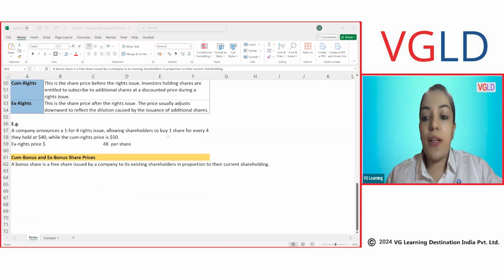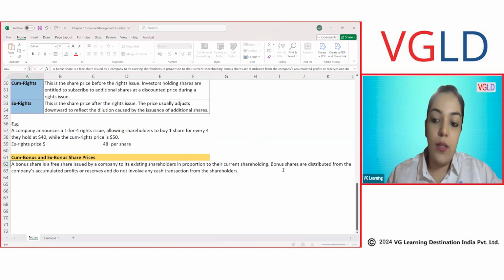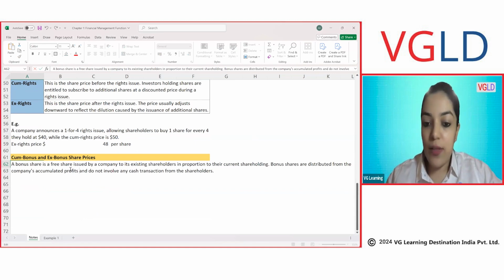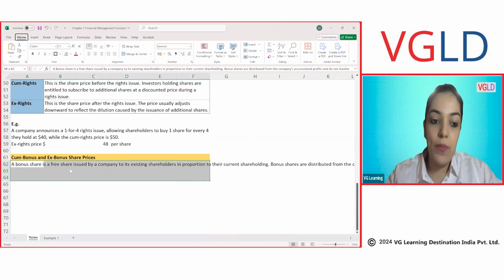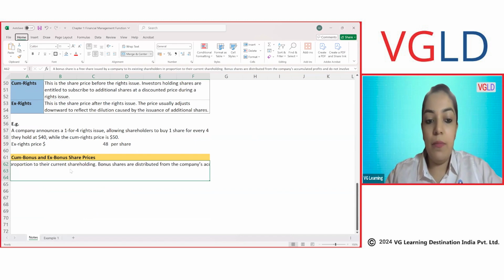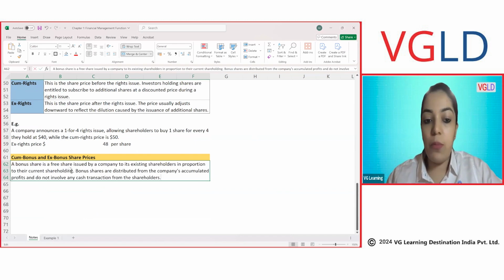They are distributed from the company's accumulated profits and do not involve any cash transaction from the shareholders. You're not giving anything to them in cash. You're just giving them accumulated profits in the form of free shares.